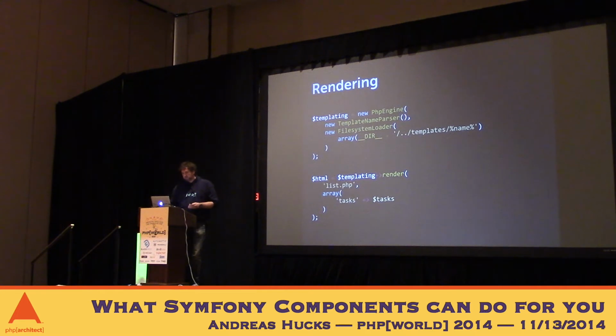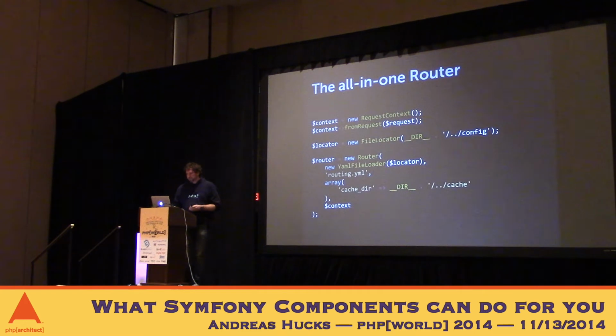Okay, so let's get back to the router, because now that we have templating, we want another feature of the routing. What we've so far described is just the matching.